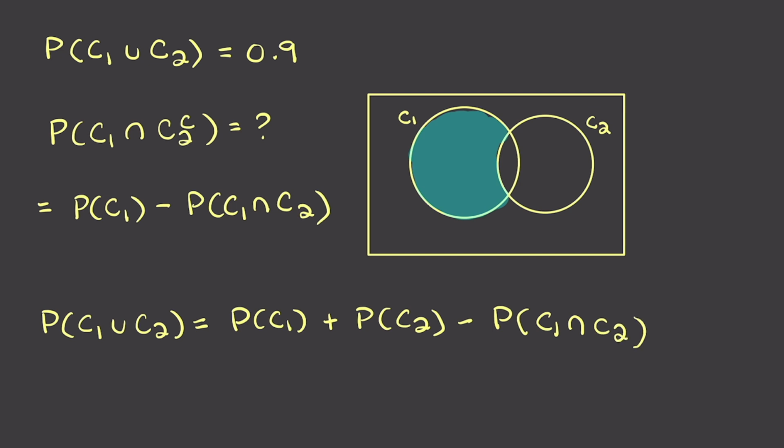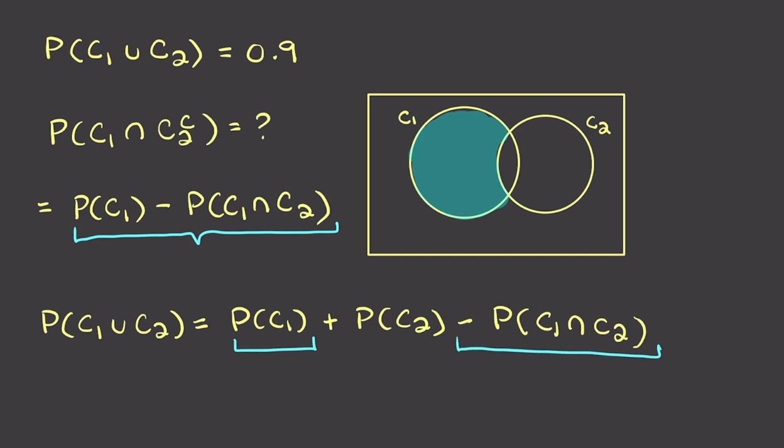We proved this relationship before. So now using this, we're trying to get this portion represented in a different way. Well, that's just this and this.